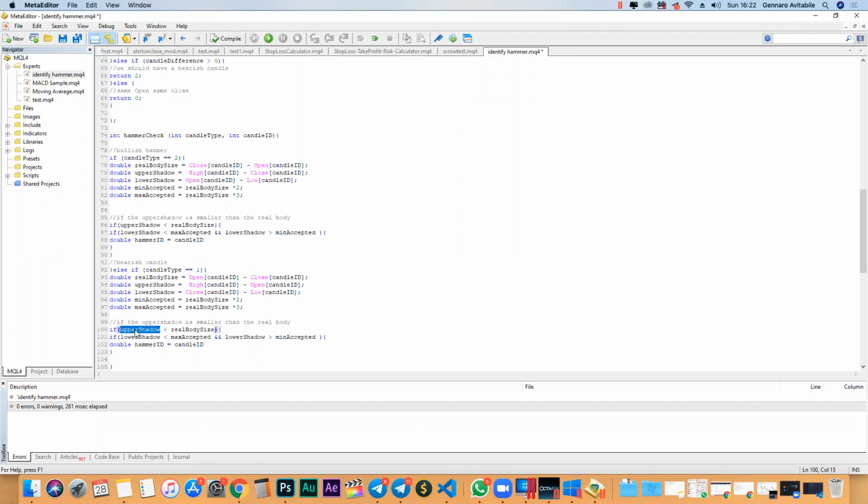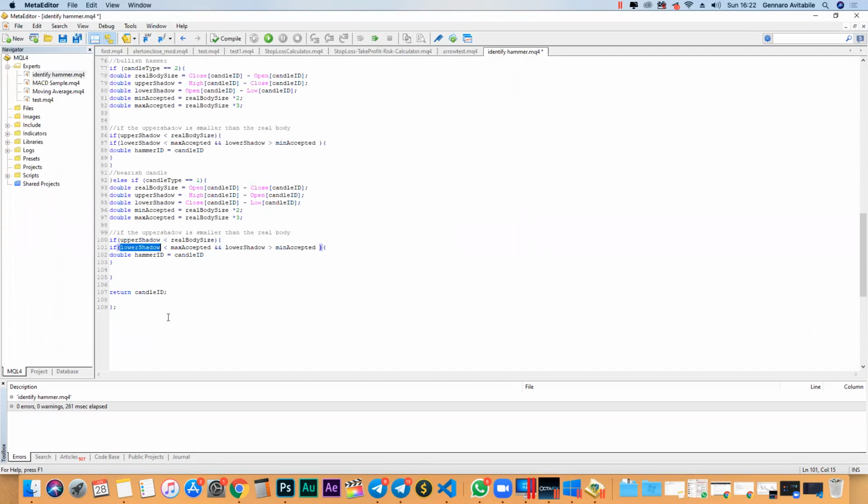Actually, no, because now this is going to be right. Yeah, it's going to be the same. And lower shadow has to be, okay. And hammer D is going to be candle D, else candle D.